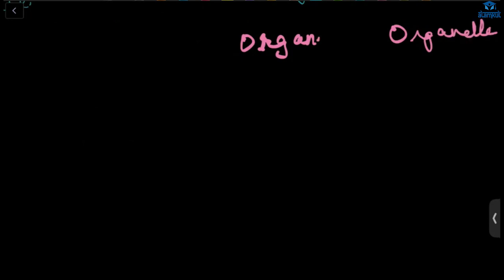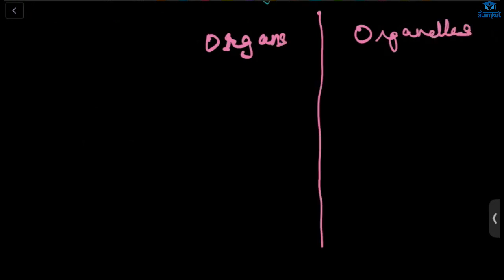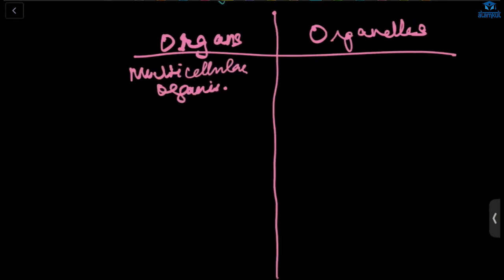Now tell me the difference between organ and organelle. Organs are made up of tissues which are made up of various mature cells, whereas organelles are the various components of a cell which do a specific function. Organs are found in various parts of the body, while organelles are found inside one cell, in all the eukaryotic cells.